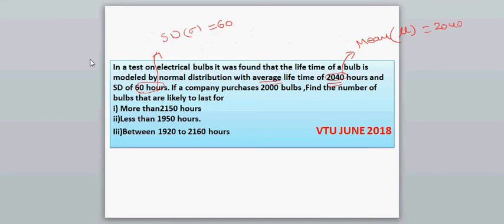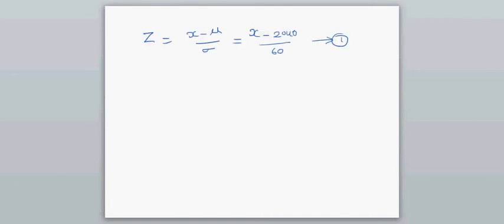Now coming to the first question, which is more than 2150 hours. So for the first question, we have the probability of the lifetime of the bulb being more than 2150 hours.